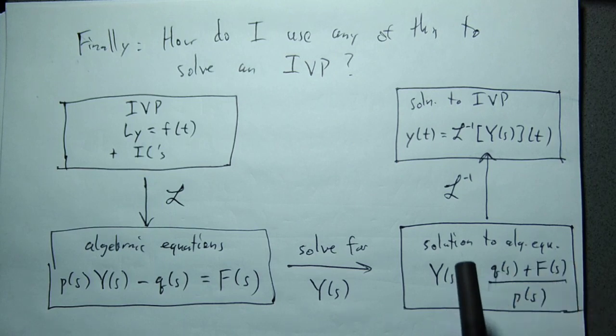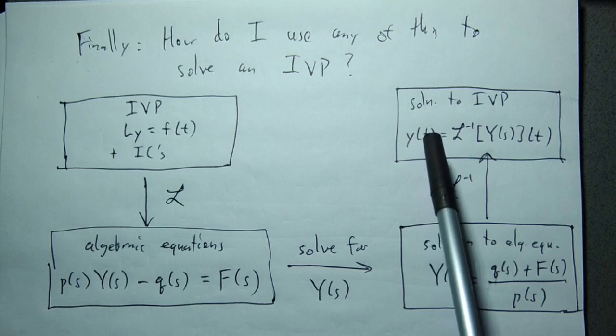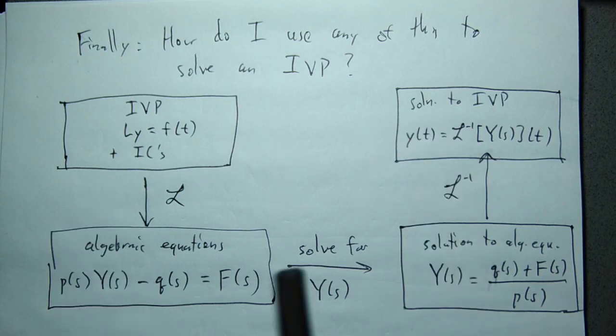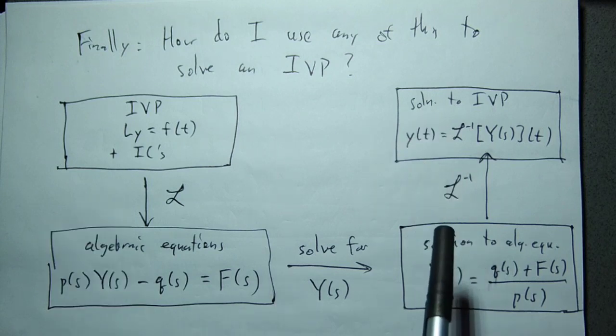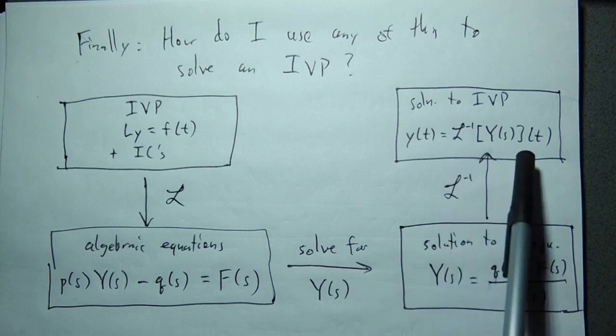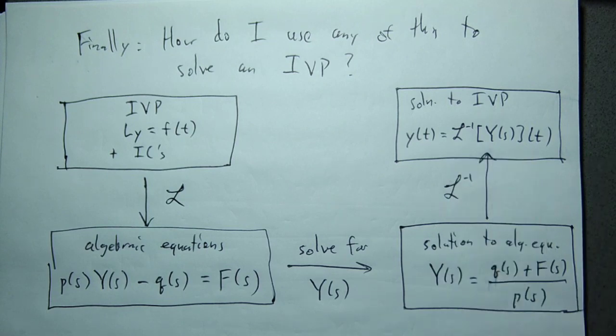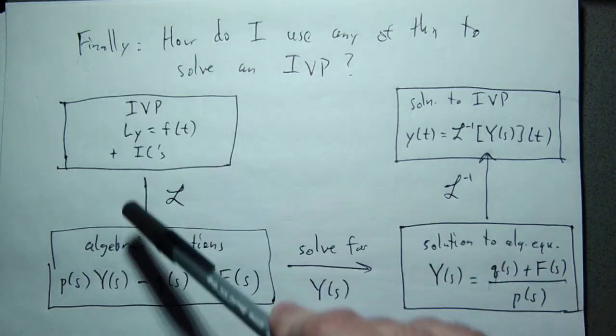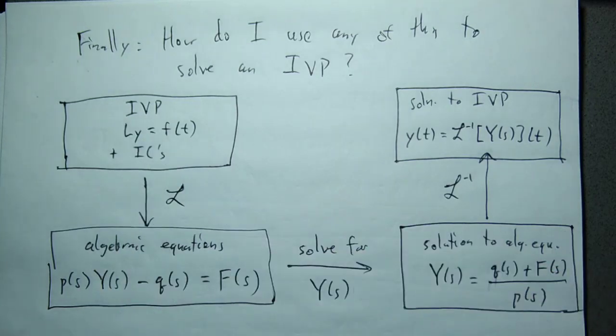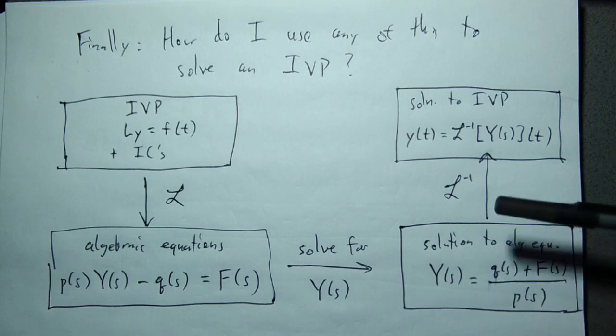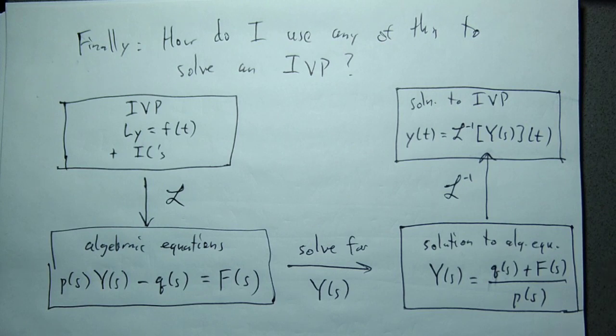To go from the Laplace transform of the solution to the solution, I have to hit this with the inverse Laplace transform, which takes me back. That's the whole process. Now, I'm going to work through 3 examples that take you through this part of the process, and then I'm going to talk about the inverse Laplace transform and do it for each of those examples in a row.